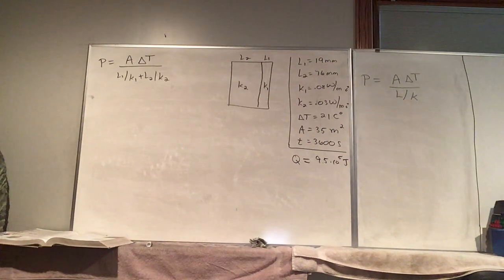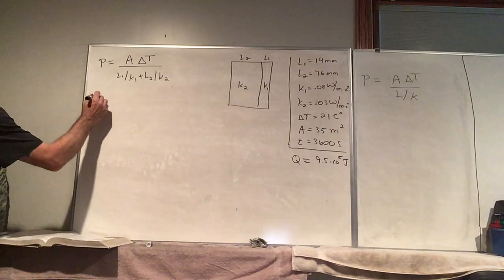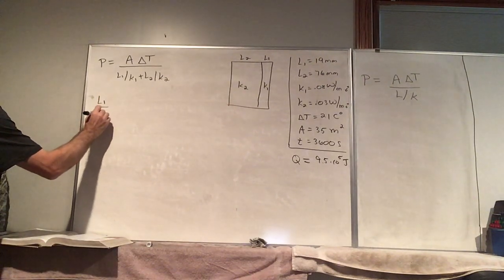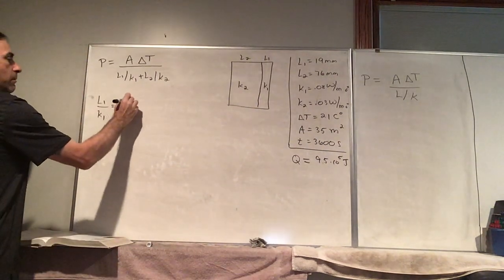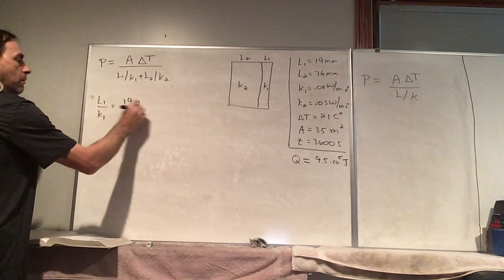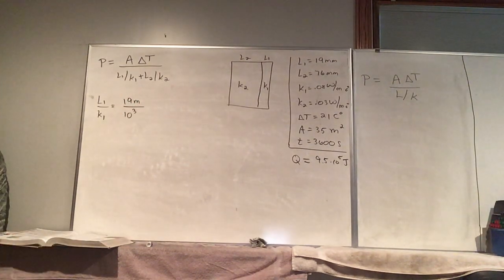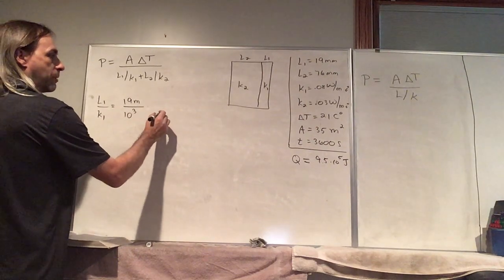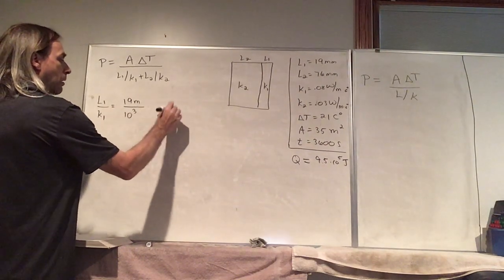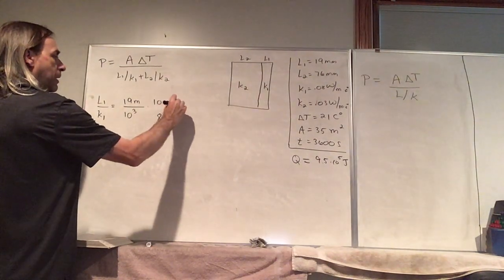So let's do this. Let's do L1 over K1. So we have 19 millimeters. I'm going to do it like this. So we can say that's 19 meters divided by 1,000. And then K1 is 0.08 watts per meter Celsius degree.